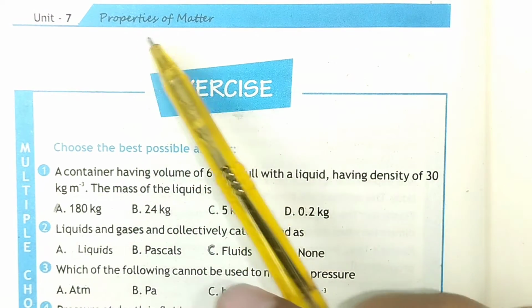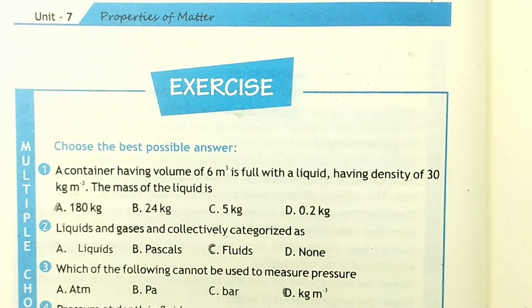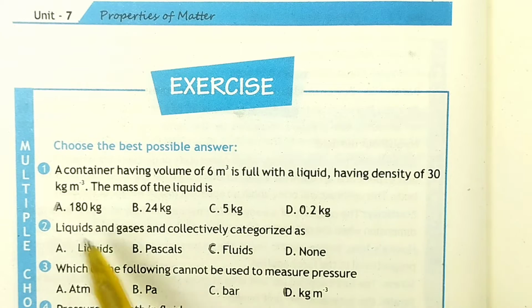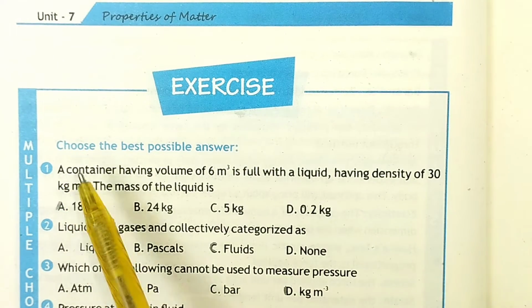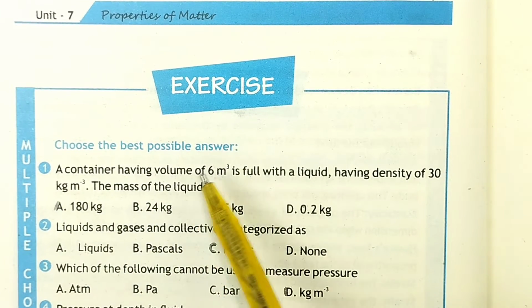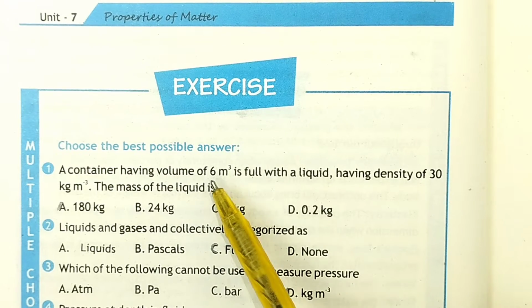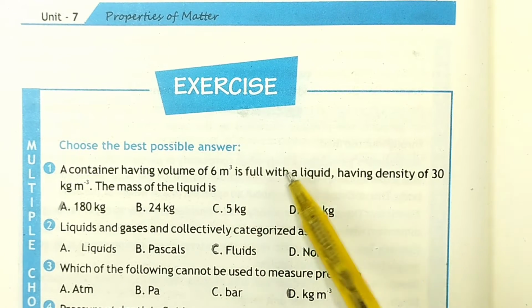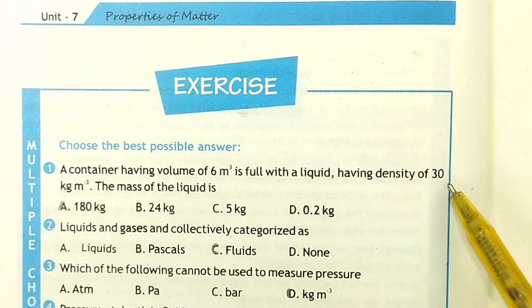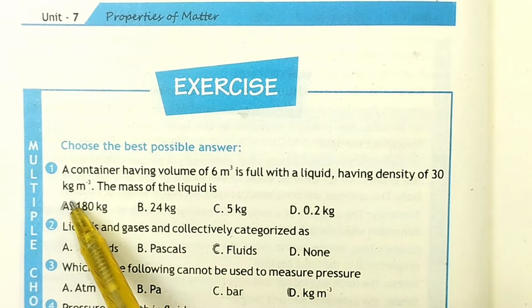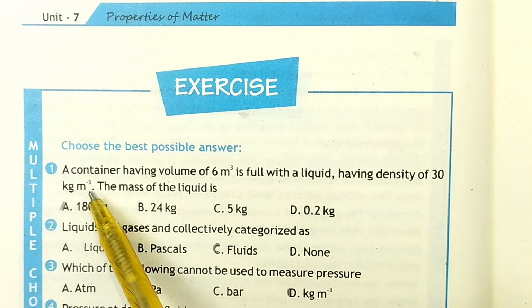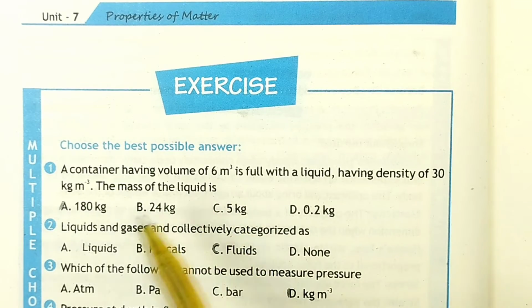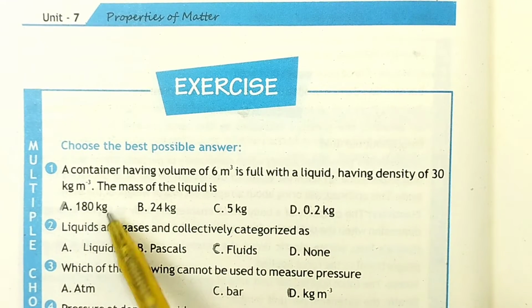Unit number 7 is properties of matter. Question number 1: a container having volume of 6 meter cube is full with a liquid having density of 30 kilogram per meter cube. The mass of the liquid is 180 kilogram.